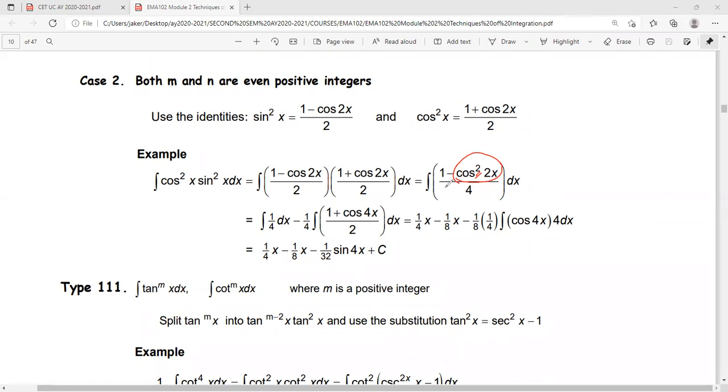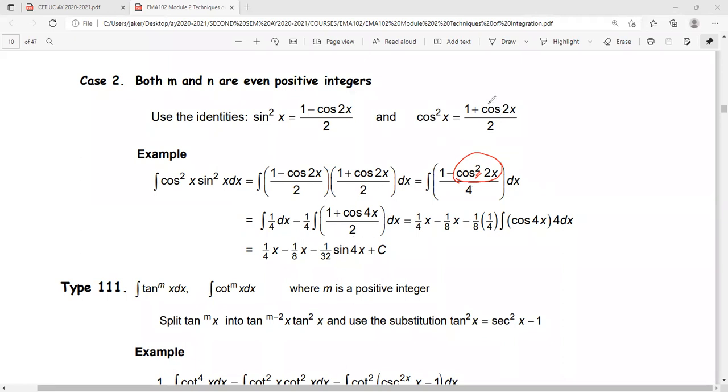Okay, now let's see. So if you will distribute 1/4 here to 1 and this cosine squared of 2x and its equivalent, your first term will be 1/4 dx. The second term will be 1/4. This one, this is minus, so it's minus. And this converted to its equivalent double angle cosine.